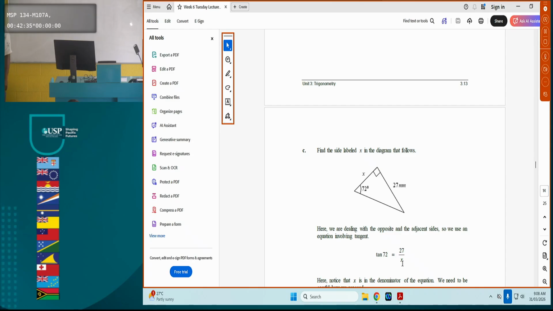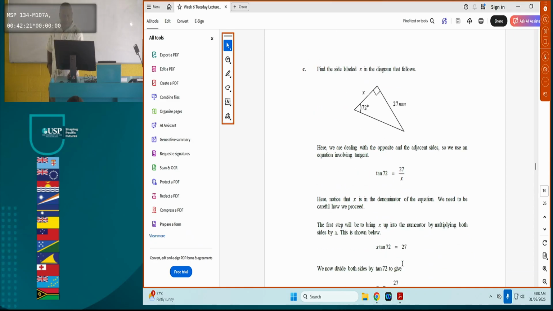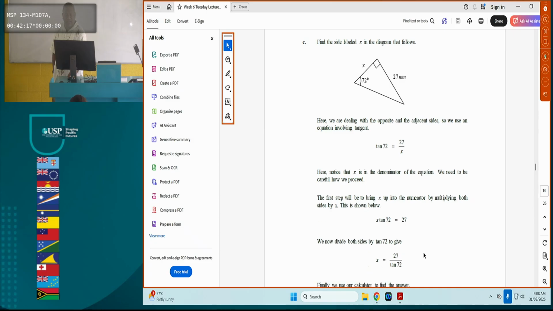So somehow we'll need to move it to the numerator. What can we do? Yeah, we can multiply it to this, x times tangent of 72, and then we'll remove tangent of 72 by dividing it to the other side. Or we can do this.